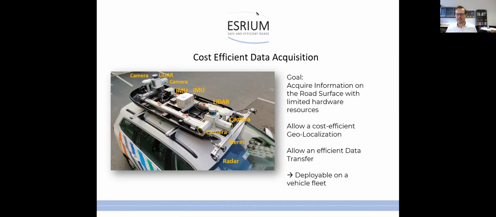So one of the basic major research questions here is, can we make such systems more cost efficient than survey grade systems?